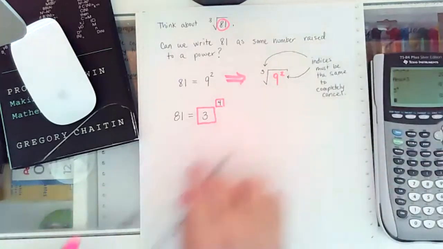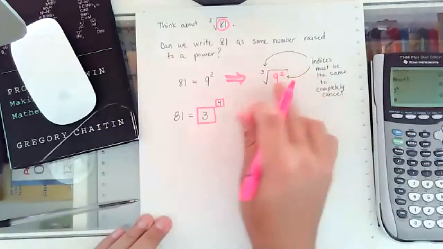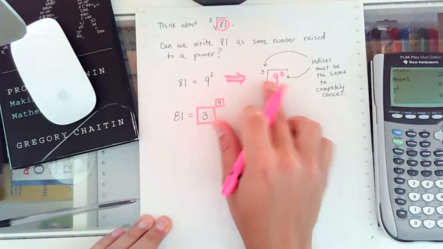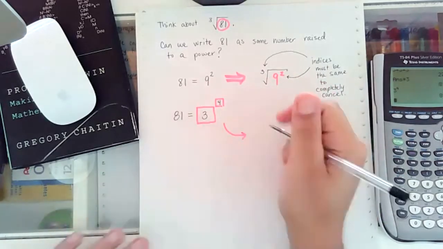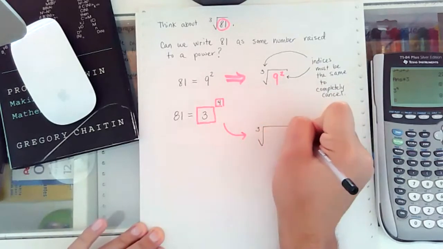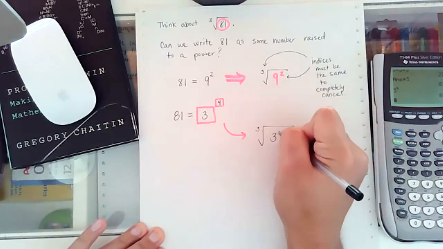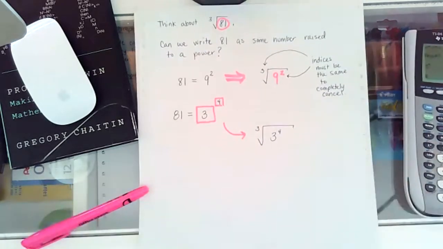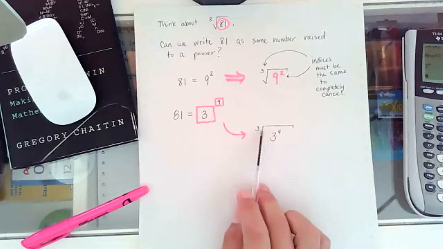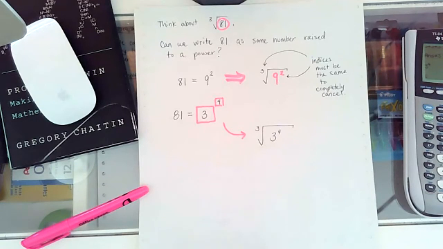So instead of writing this as the cube root of 9 squared, let's go ahead and write this as the cube root of 3 to the 4th power. Well, here I'm running into the same issue, right? These indices, or the root and the exponent, have to match in order to completely cancel.